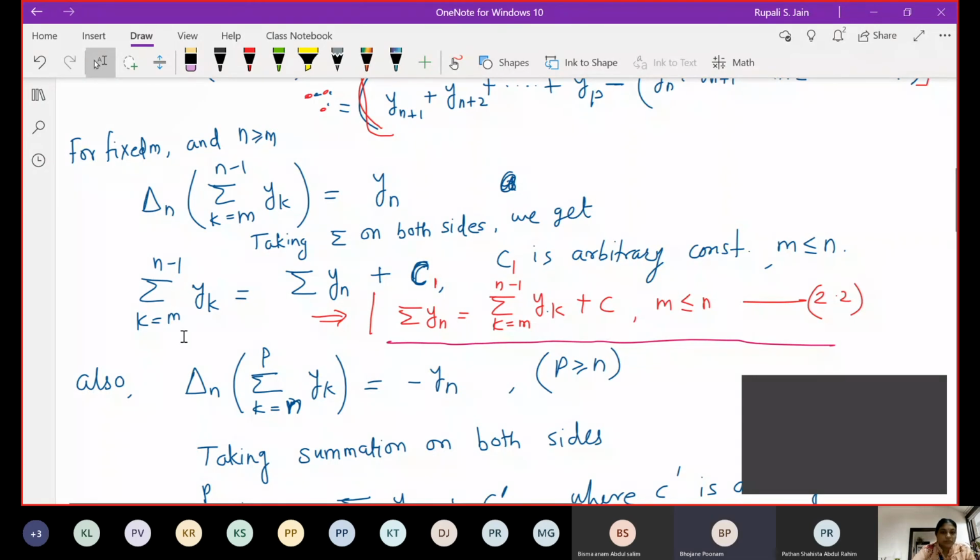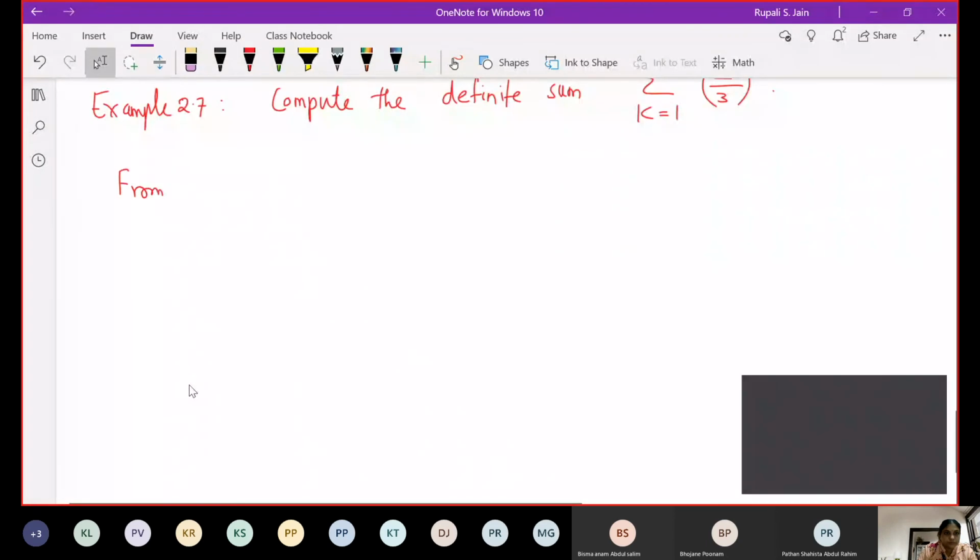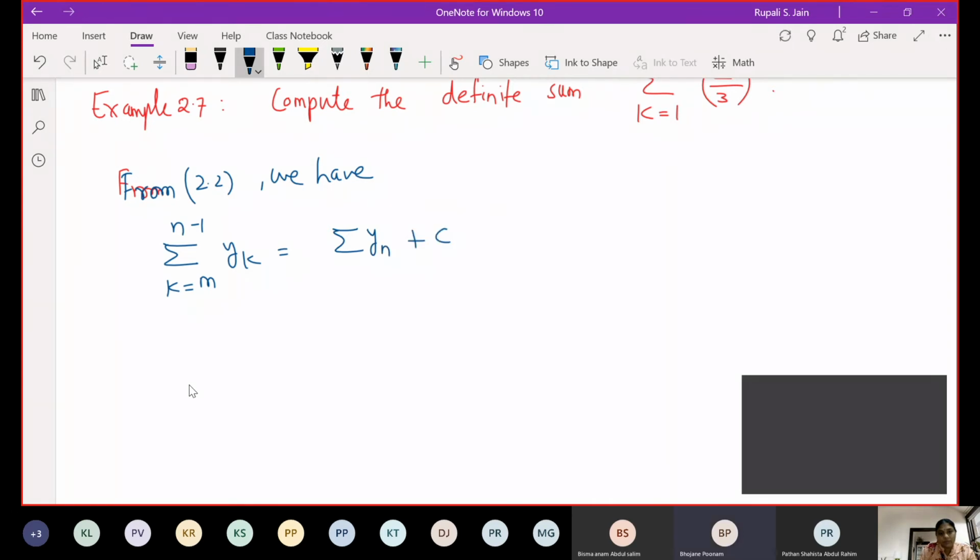Yes, ma'am. So from 2.2 we have summation k is equal to m to n minus 1 y_k is nothing but summation y_n plus c. Now I am writing this c this side because I want to calculate this.